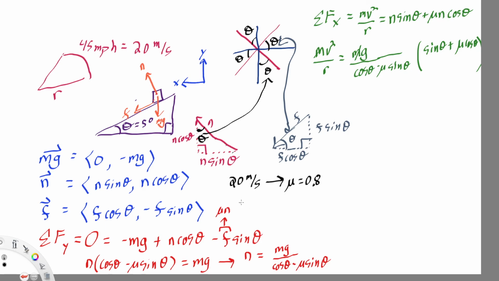So I'm going to ask the opposite question here and say, if we've got a mu of 0.8, what's the maximum safe speed? Well, there's a lot of junk on the right-hand side here, but we actually know the values for everything on the right-hand side now.